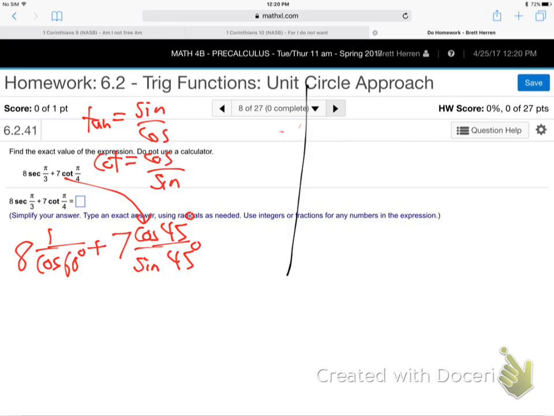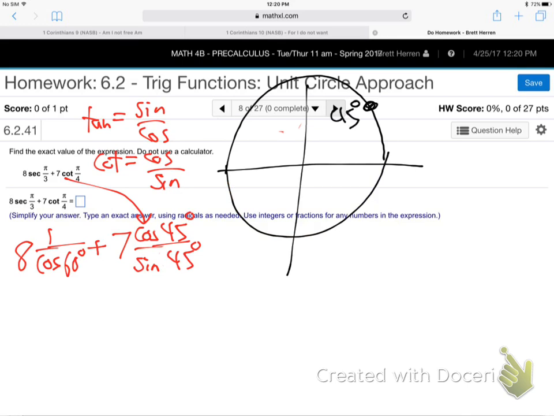All right, let's draw a unit circle. 45's right in the middle. Well, just do the 60 first. So there we have our 60, and I'm kind of off the screen.